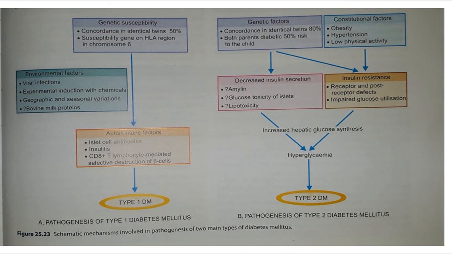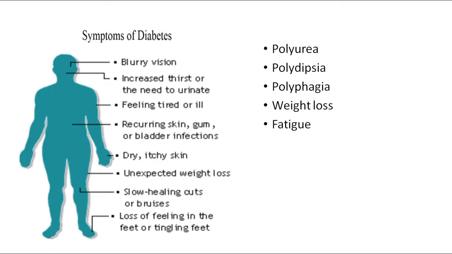That leads to increased hepatic glucose synthesis, so hepatic glucose output is increased, leading to hyperglycemia and type 2 diabetes mellitus.